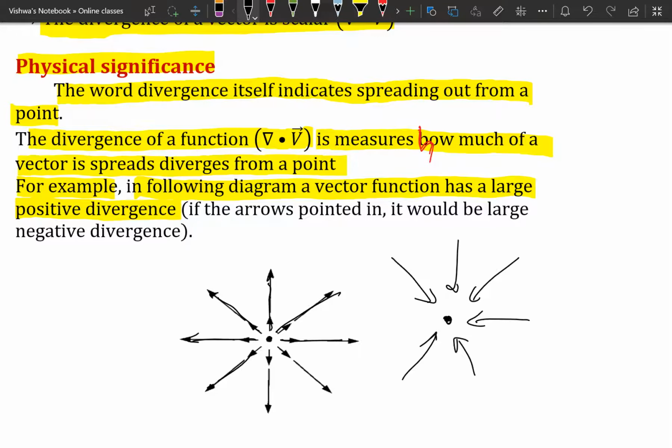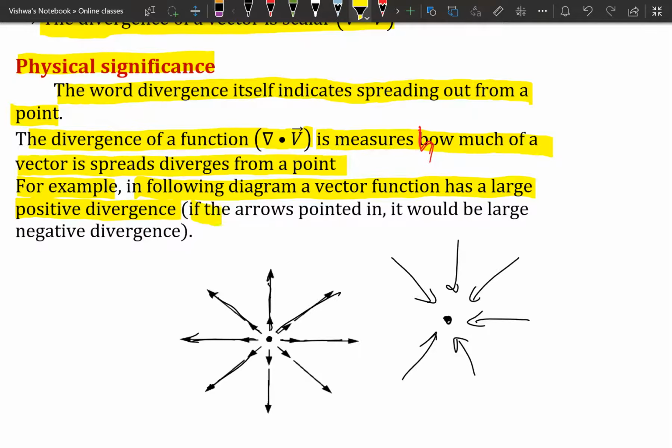You can observe this in the electric field from positive and negative charges, which represents the divergence of the electric field from those charges. Like that we can find the divergence of a vector field, how much it diverges from a point or towards a point.